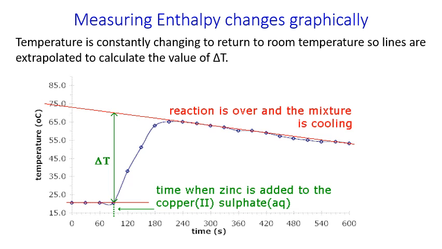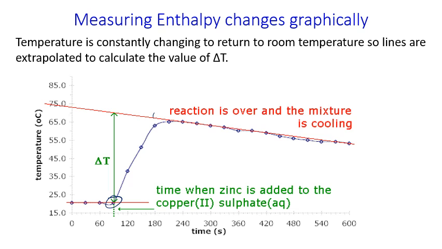So here's the reaction between zinc being added to copper 2 sulfate. You've got this displacement reaction, the more reactive zinc displacing the less reactive copper 2+ ion. Over time, you can see initially the temperature is around 20 degrees. You add them together, then you have this big jump in temperature due to the nature of the exothermic reaction.